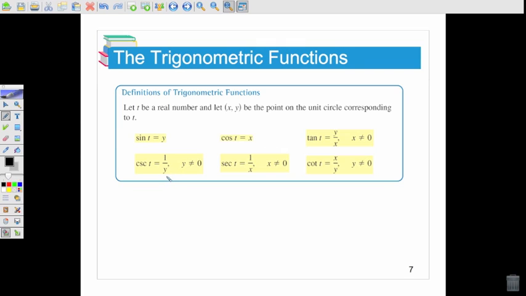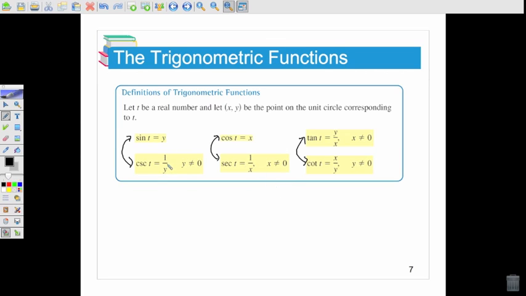Cosecant would be 1 over y, so the reciprocal of the sine. Secant will be 1 over x, the reciprocal of cosine. And cotangent will, instead of being y over x, which is tangent, cotangent will be x over y. So again, the reciprocal. So each of these things are related to each other in that way. They are reciprocals of one another.